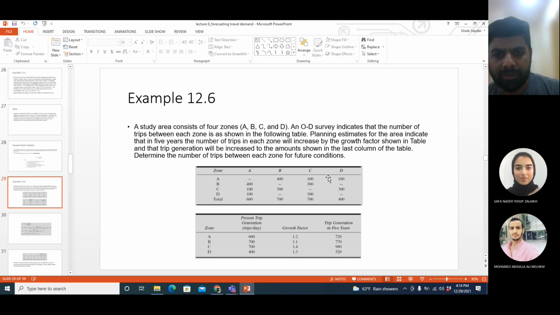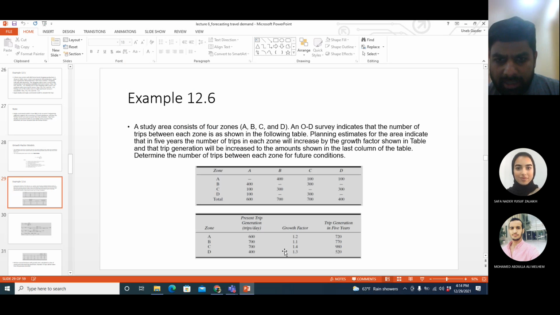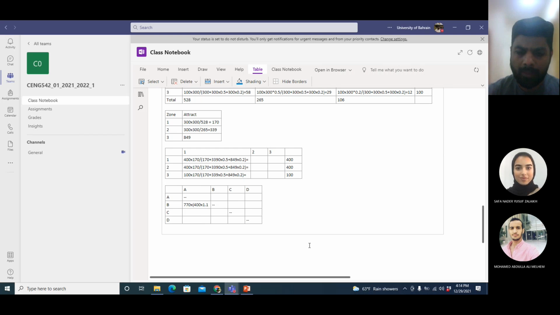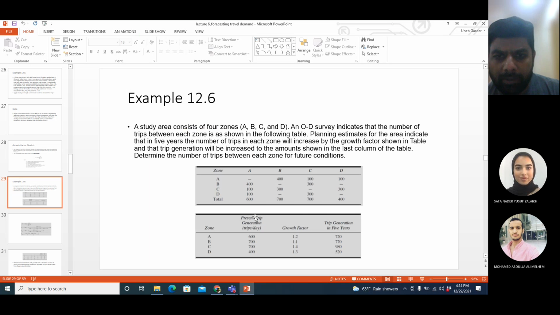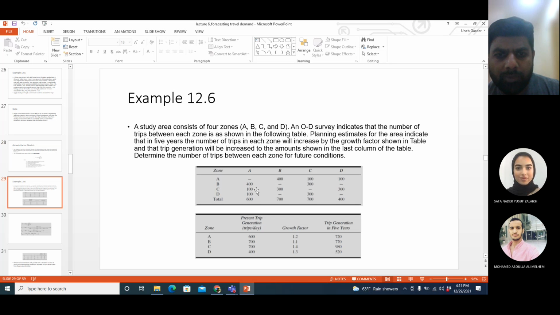The current trips from B to A is 400, multiplied by the growth rate of A, which is 1.1, divided by the summation for all the destinations, trips going from zone B to all the destinations.